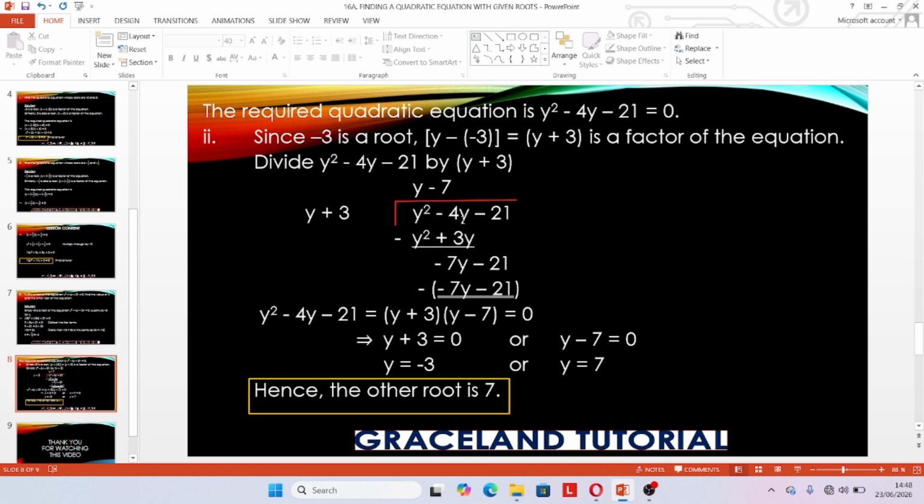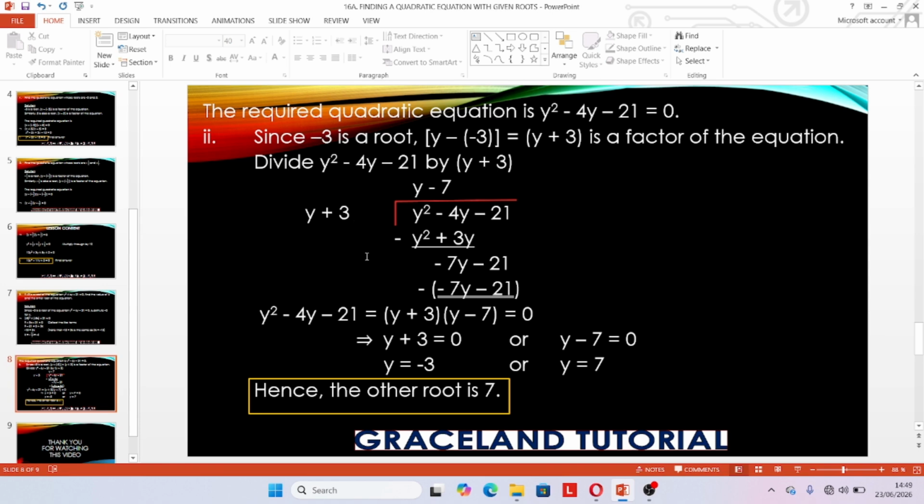Then minus 4y minus plus 3y. So minus times plus will give us minus. So minus 4y minus 3y will be minus 7y. So we'll bring down minus 21. So what we have now is minus 7y minus 21.